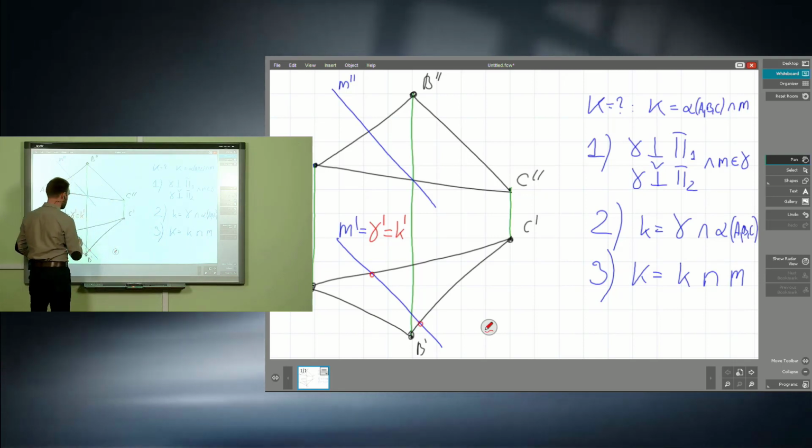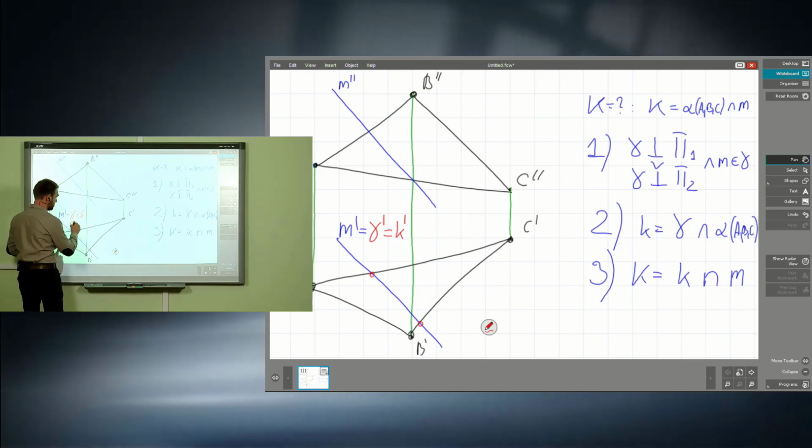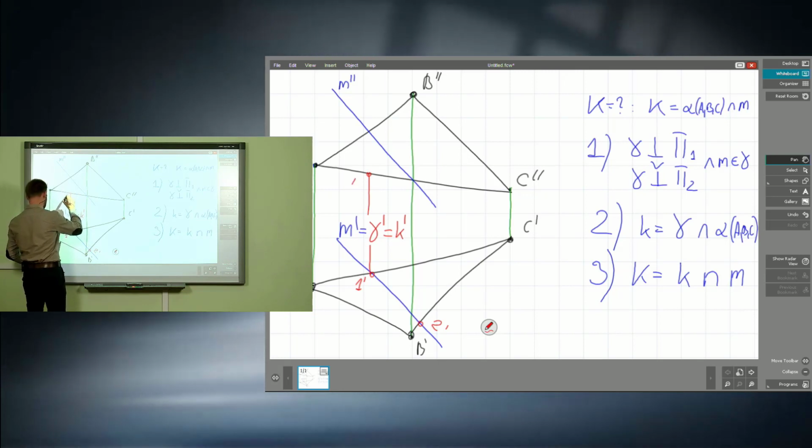Okay, second thing, we have to find the second projection of the folding line. In that case, it will be the elevation projection. And it's easy: 1 prime, 2 prime. We have to lift up the points from A prime, C prime to A double prime, C double prime, and here we have 1 double prime.